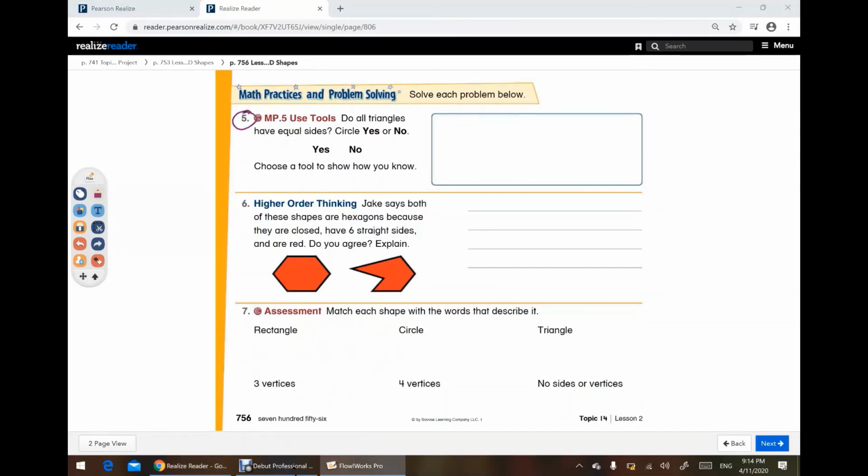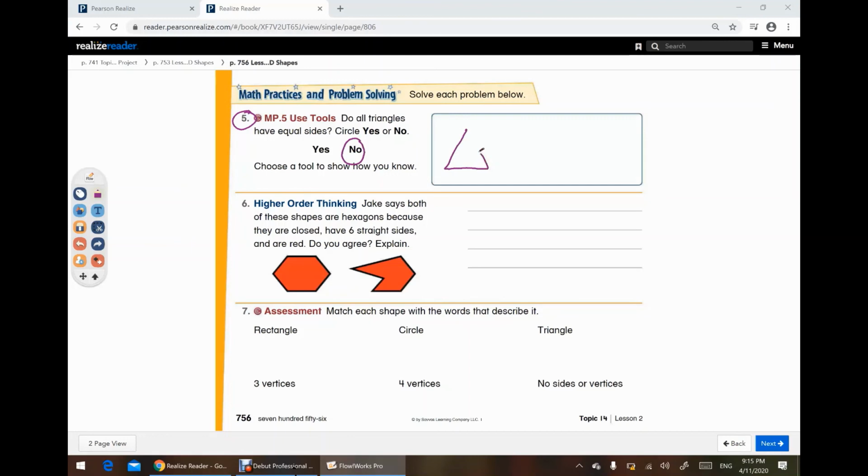Now, question number 5. This is the problem solving. Do all triangles have equal sides? Circle yes or no. Now, this is what I explained on the last page. Do all the triangles have equal sides? No. Choose a tool to show how you know. So what you can do here is draw triangles.